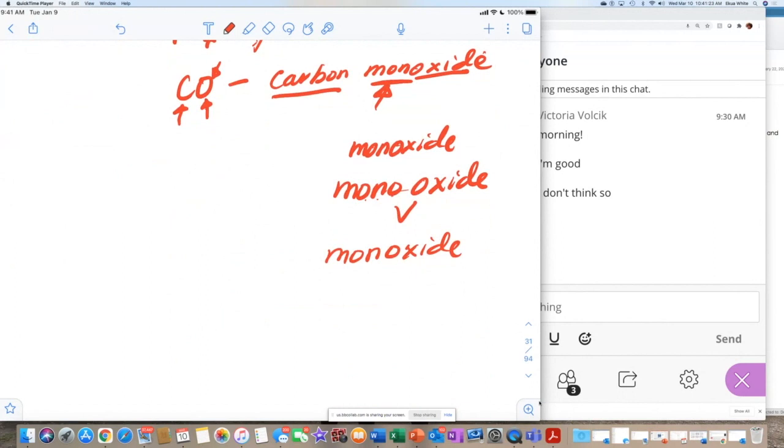If you have A and O, for example penta-oxide, the A drops off and becomes pentoxide.